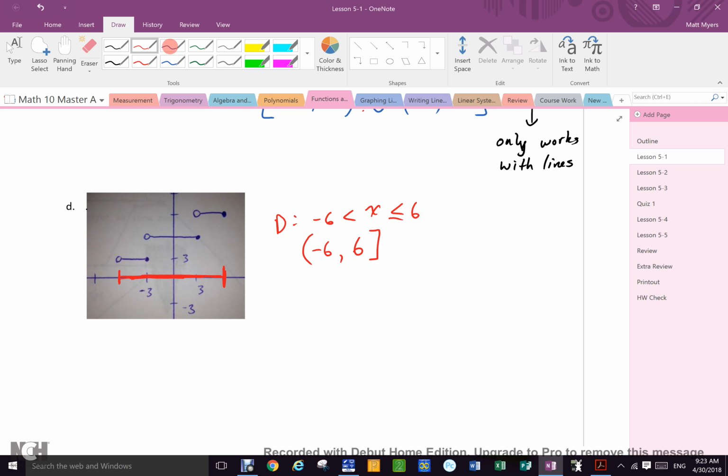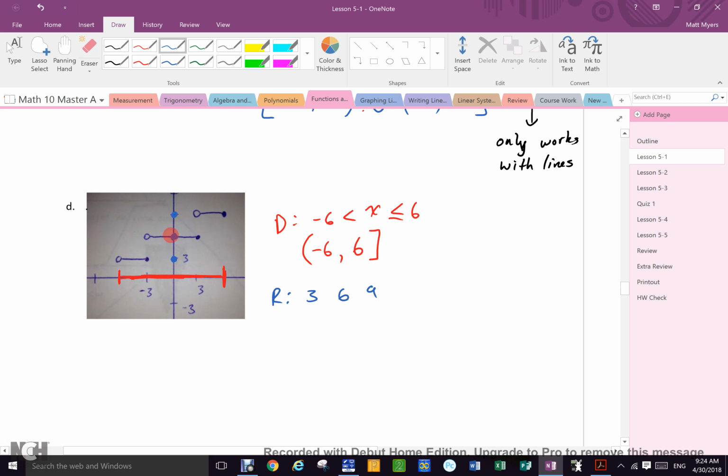What are my range values? What's my lowest y value? 3. Right there, 3. Then what? Right there, what is it? 6. Then what? 9. Did I make a line?